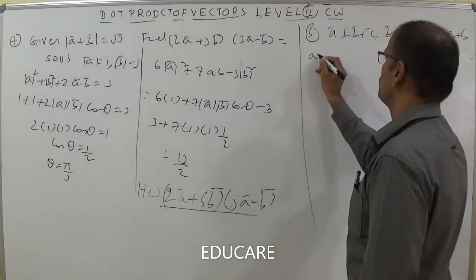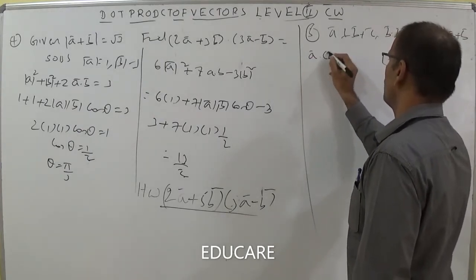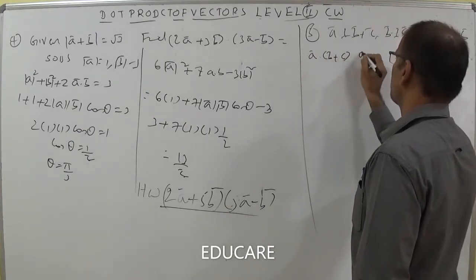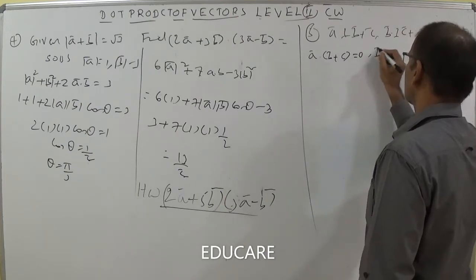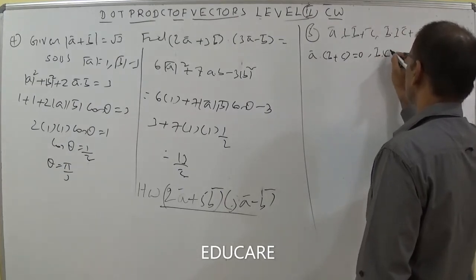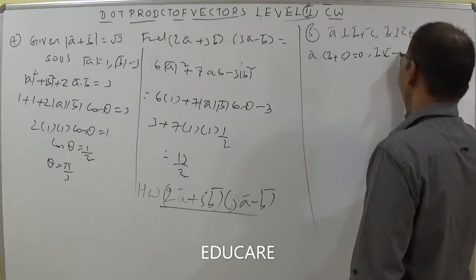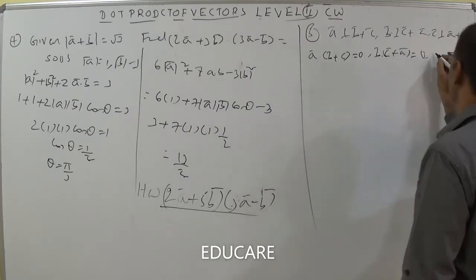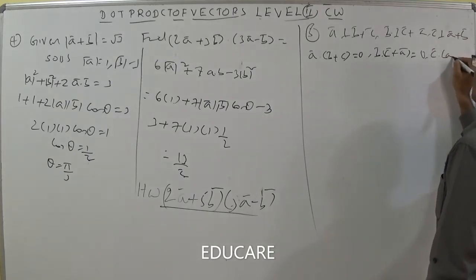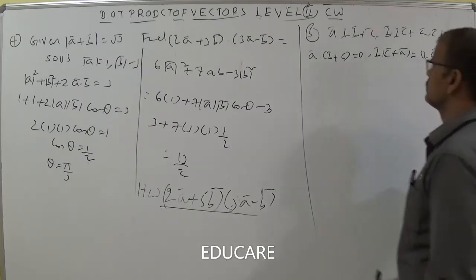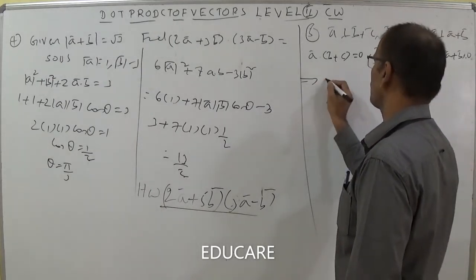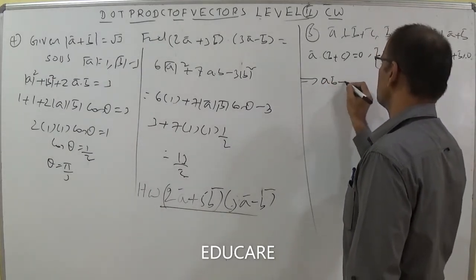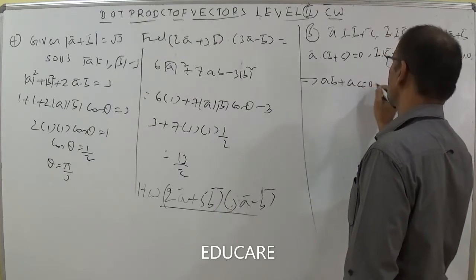It's okay. You can understand that whenever two vectors are perpendicular, then their dot product is 0. So you can write here A bar dot B bar plus C bar equal to 0 and B bar dot C bar plus A bar equal to 0. Here C bar dot A bar plus B bar equal to 0. You can write this one as AB plus AC equal to 0.